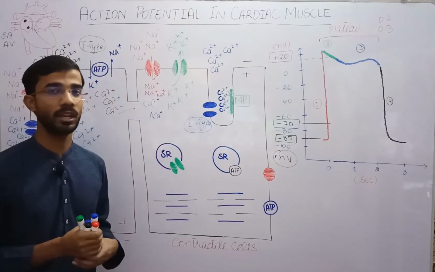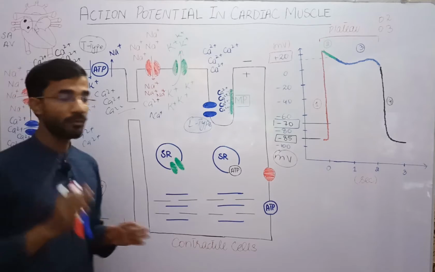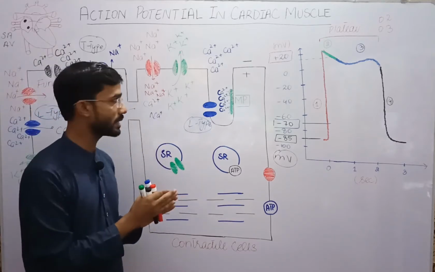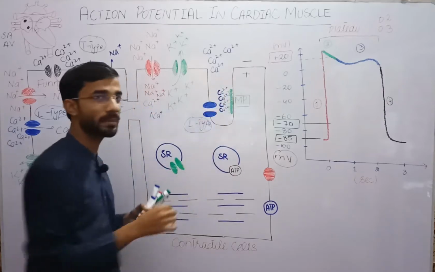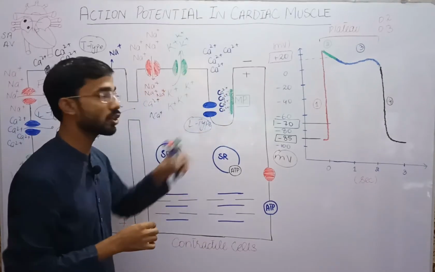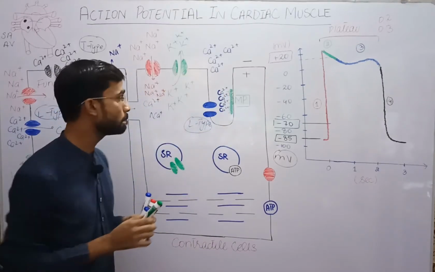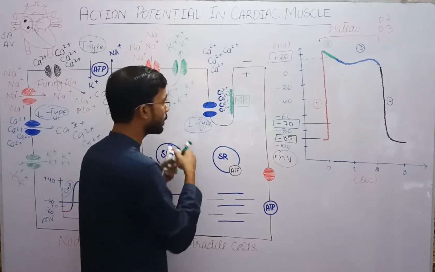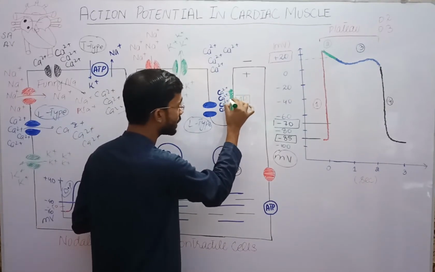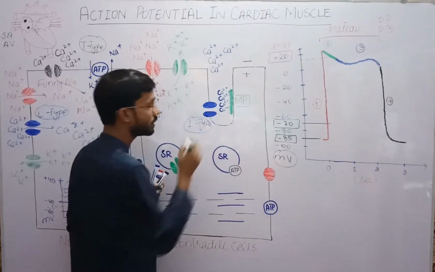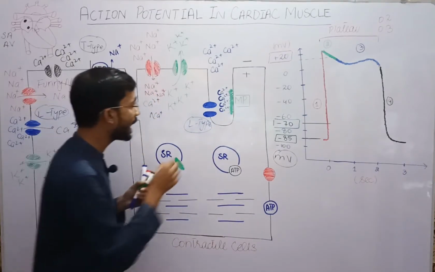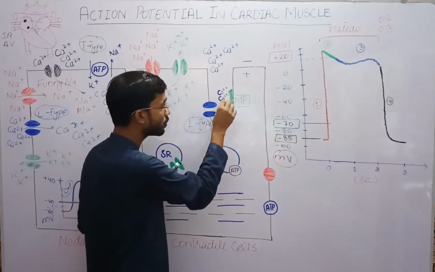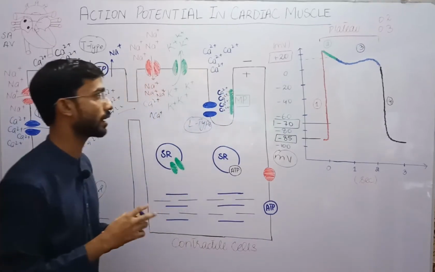L-type calcium channel, opens. Before we discuss the L-type calcium channel, you must remember that there is a tube-like structure. These are invaginations of the plasma membrane, and several mucopolysaccharides are present over this tube-like structure, which is the T-tubule, and calcium is attached to these mucopolysaccharides.